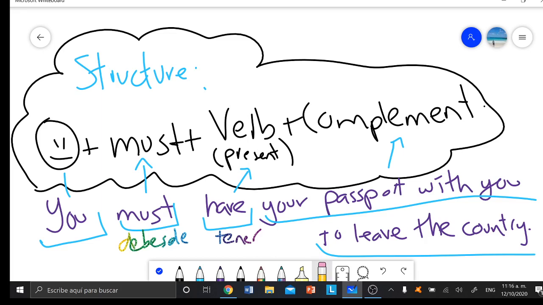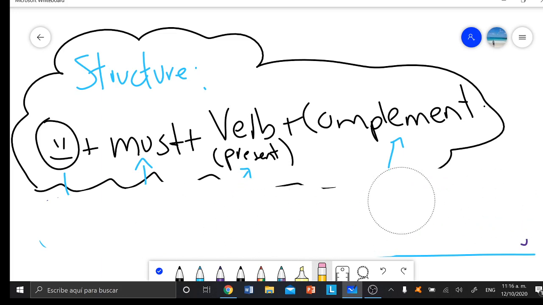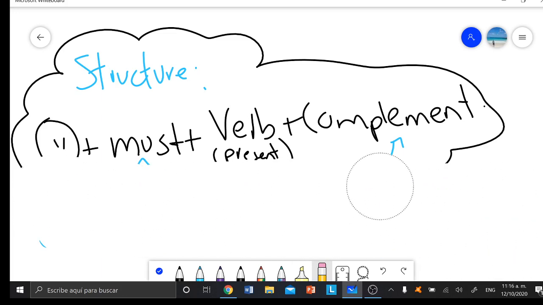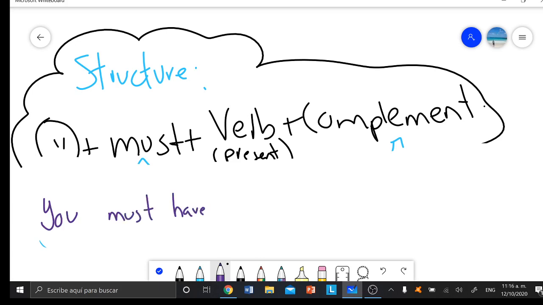Another example, otro ejemplo para que quede un poquito más claro. We can say this. Podemos decir este de aquí. You must have a visa to enter to the United States.